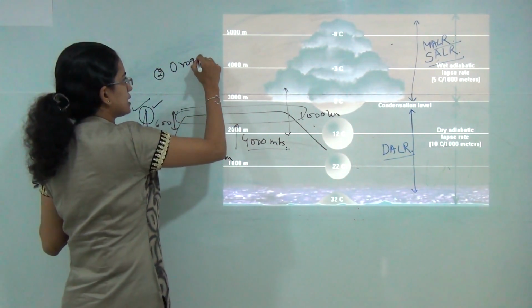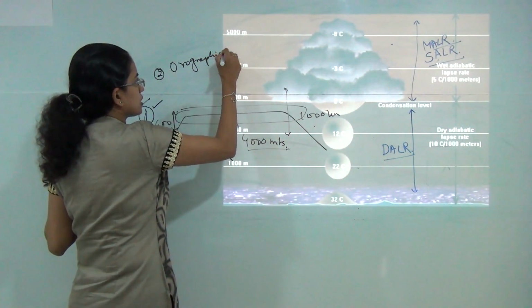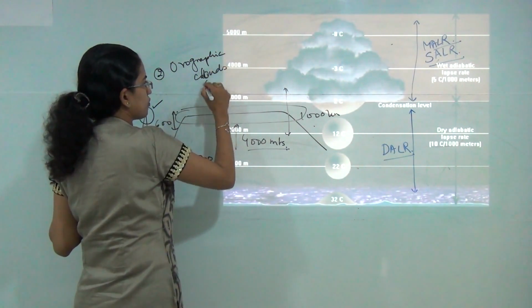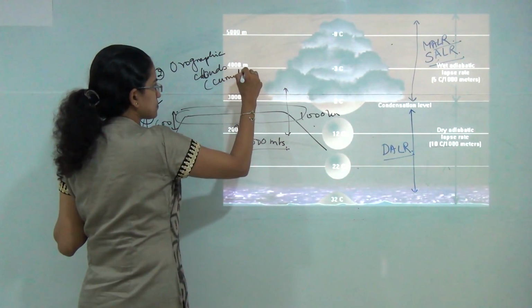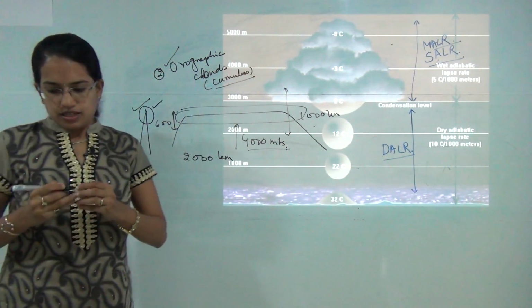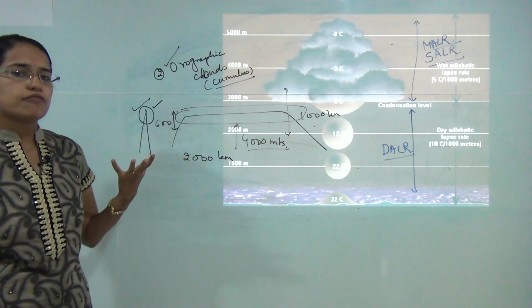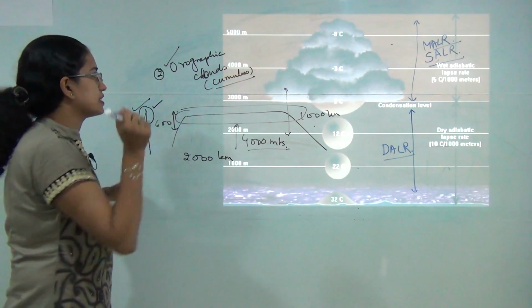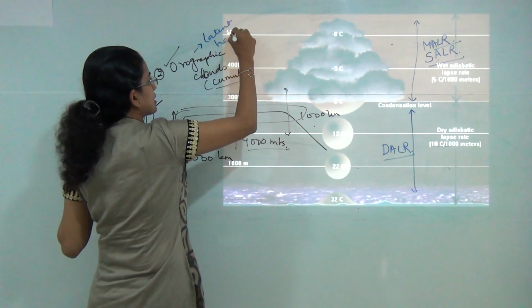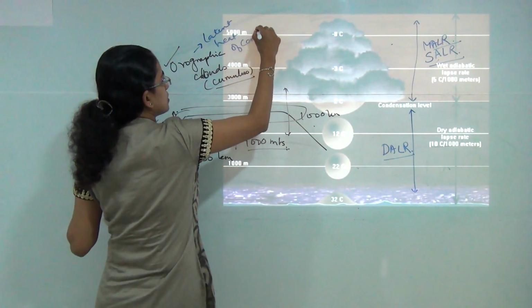So orographic means mountain-induced cloud formations, and these are usually in the form of cumulus clouds. This cloud formation is responsible for the generation of latent heat of condensation, and finally affects the lapse rate.